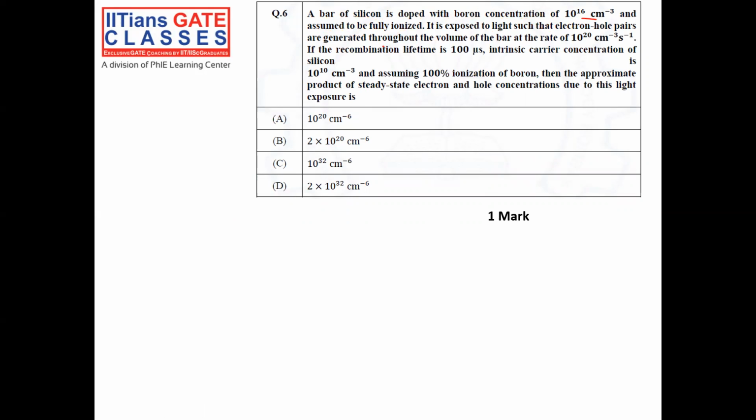An intrinsic semiconductor, when it is doped with boron impurity, will behave like a p-type semiconductor. In this semiconductor, the boron concentration is 10 power of 16 per cm cube, and all are ionized.